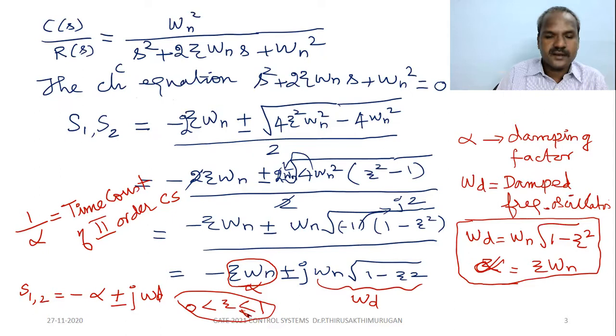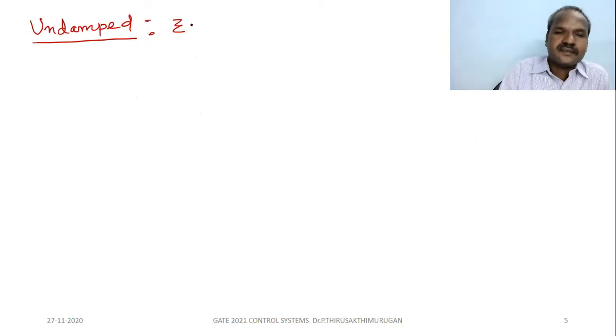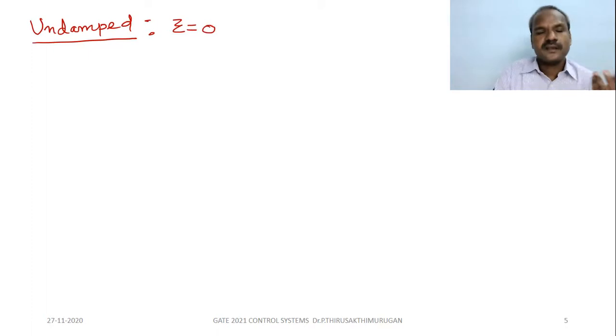Based on the zeta value, we can classify the second order system. When zeta equal to 0, the system is undamped, with sustained oscillation, no control in those instruments, right?